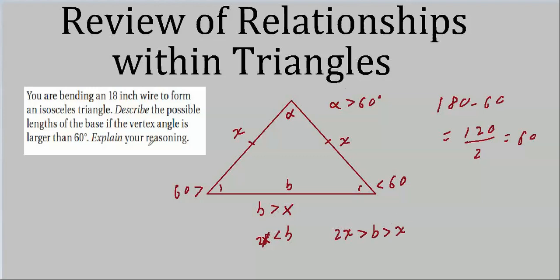And they're asking us to describe possible lengths, which I take to mean an interval, which would be legitimate for this. The perimeter altogether would be x plus x plus something between x and 2x. Let's write that out and see what kind of sense it makes.